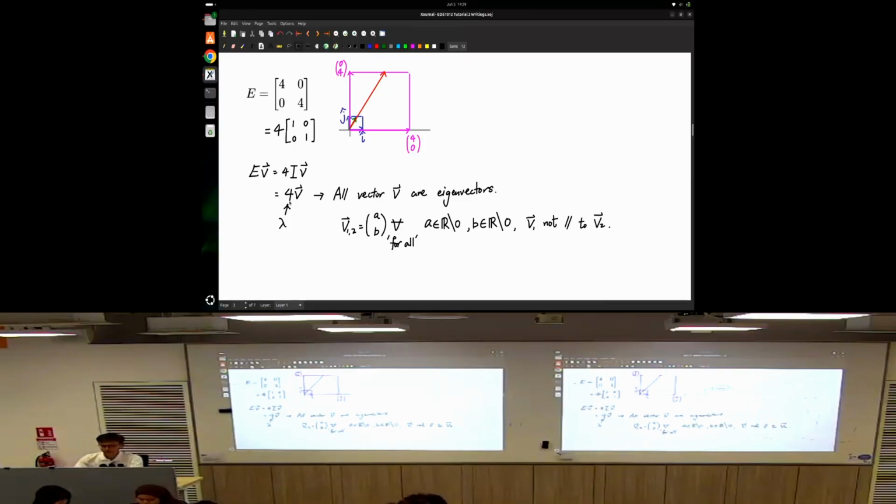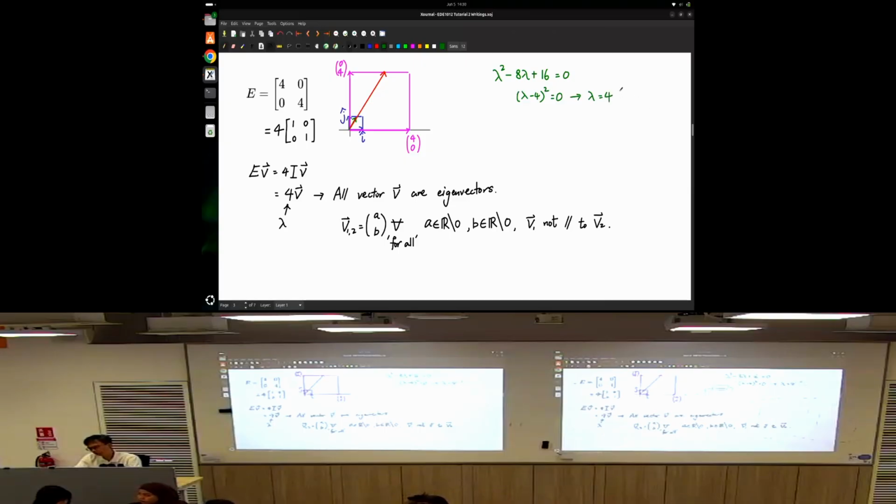What I'm trying to say is, if you do the long-winded way, lambda squared minus the trace, which is 8 lambda, plus the determinant, which is 16, equals 0. Then you get (lambda minus 4) squared equals 0. So therefore you get lambda equals 4. You only have one eigenvalue.